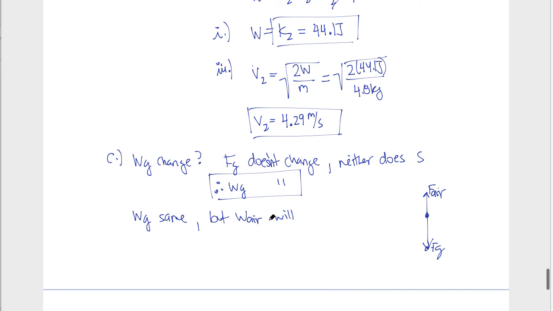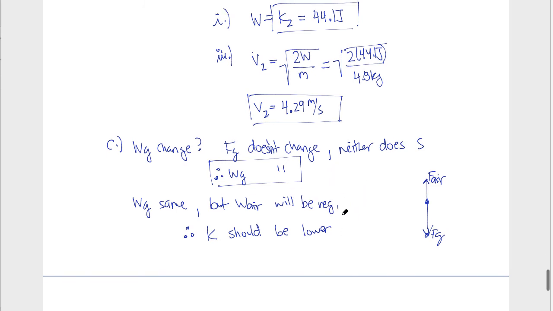So that means that our work done by the air will be negative. Therefore, our kinetic energy should be reduced. It should be lower, because now you have the air that is pulling some energy out of our object, assuming it doesn't get to terminal velocity. So if K2 is lower, then the velocity v2 should also be reduced.